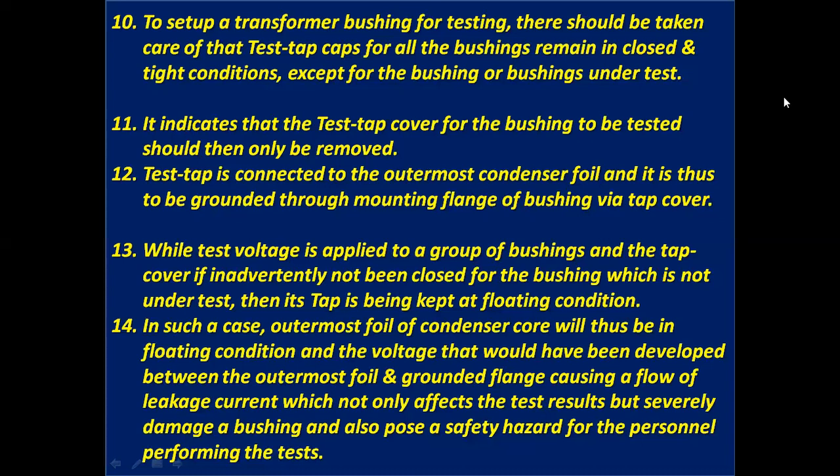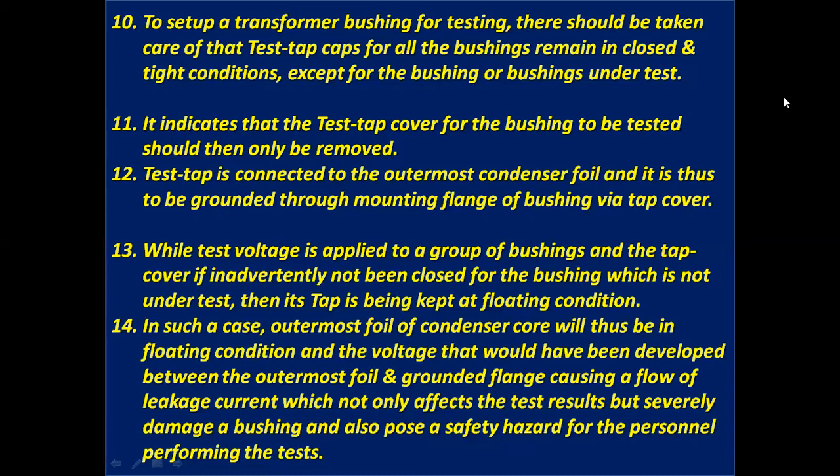While test voltage is applied to a group of bushings, if the tap cover has inadvertently not been closed for the bushing which is not under test, then its tap is kept in floating condition.